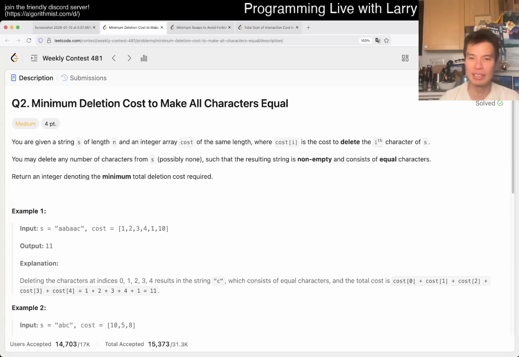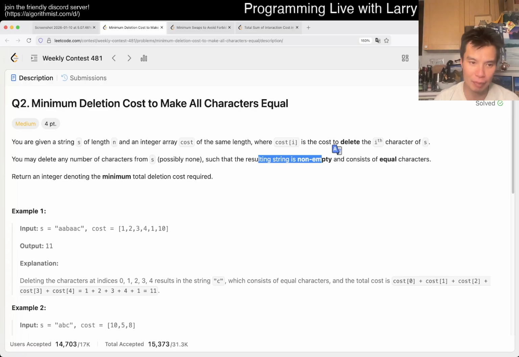But in any case, there is still a quicker way, which is noting that instead of removing characters, you could just calculate what's the cost of keeping characters, and calculate it from all the costs by itself, right?